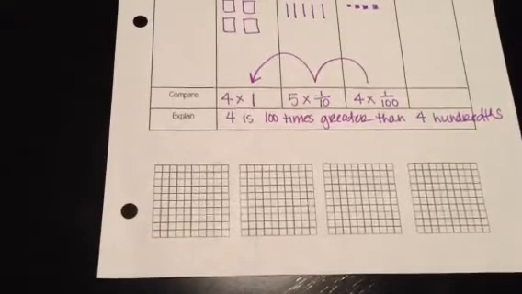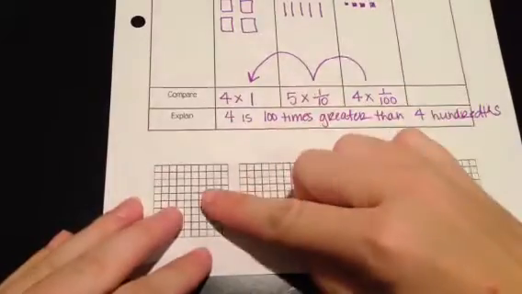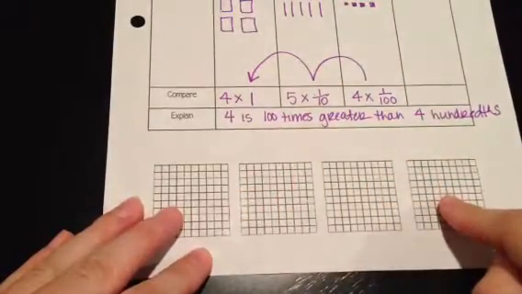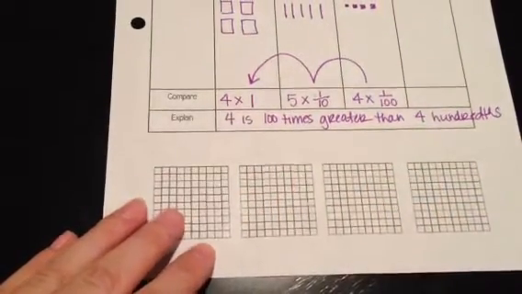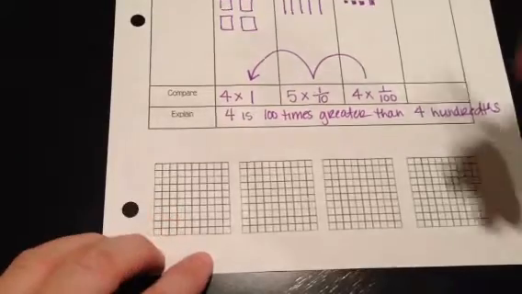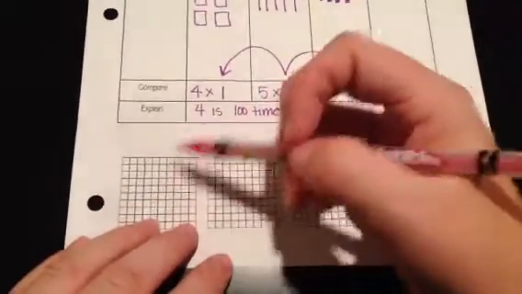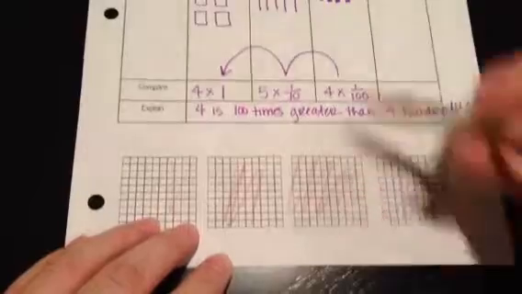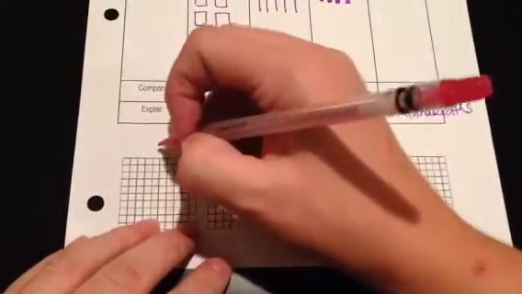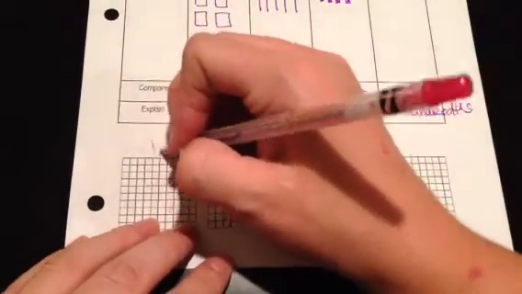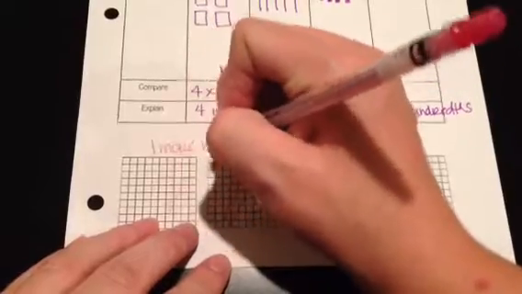And in order to shade this in, I did make a mistake and I didn't put enough grids on here. So you would want to shade in 4 entire blocks, and then in the last box, we'll pretend that we shaded in 4. If you need to make a note on here that there should be one more whole, please do so.